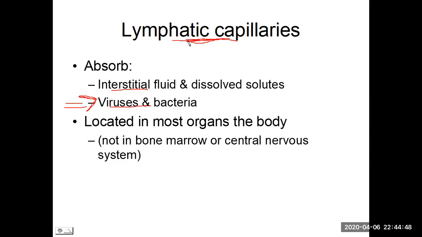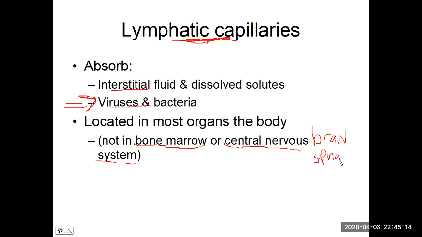And a key note is there's a few areas that lack lymphatic capillaries: our bone marrow and what's known as the central nervous system. And the two organs of the central nervous system are our brain and our spinal cord. So the brain and the spinal cord do not have lymphatic capillaries.